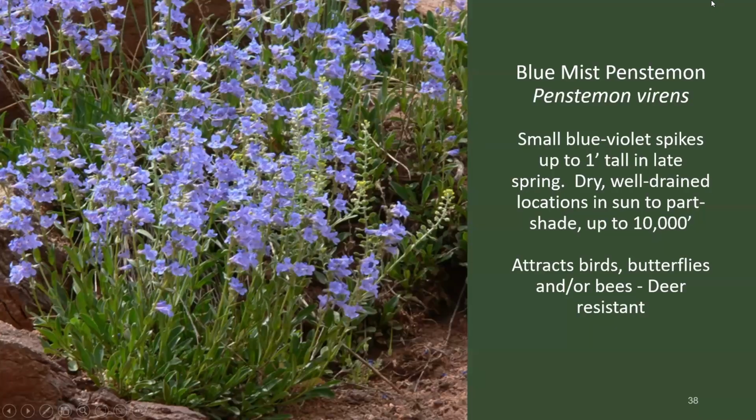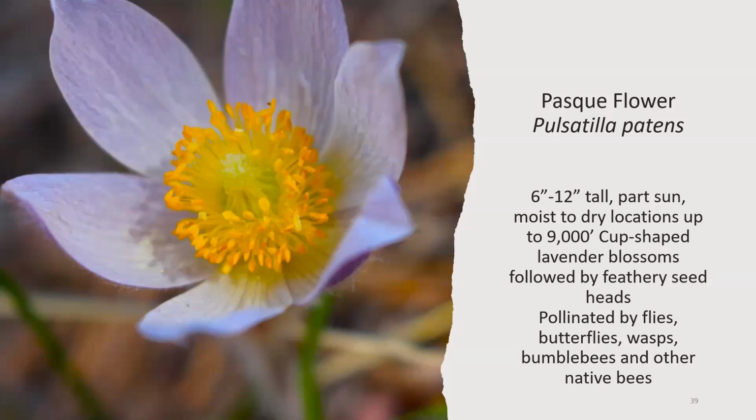The blue mist penstemon, Penstemon virens, has small blue-violet spikes up to a foot tall in late spring, grows in dry, well-drained locations in sun or part shade up to 10,000 feet, attracts birds, butterflies, bees, and it's deer resistant. Pasque flower, you often see the Pulsatilla vulgaris, but this is the native one.